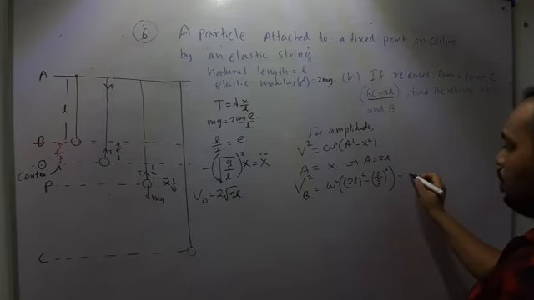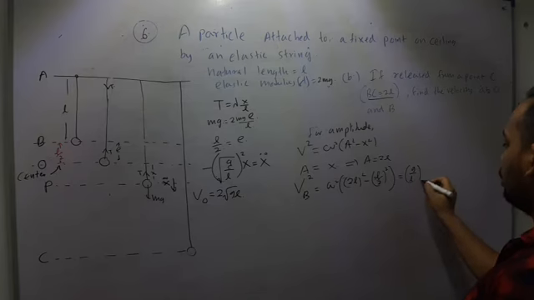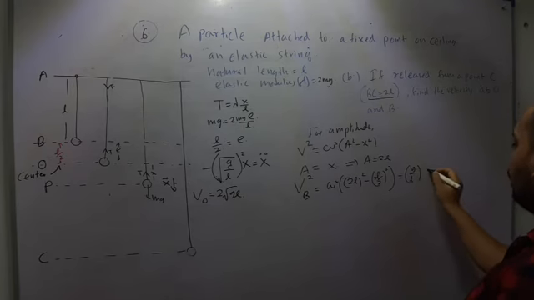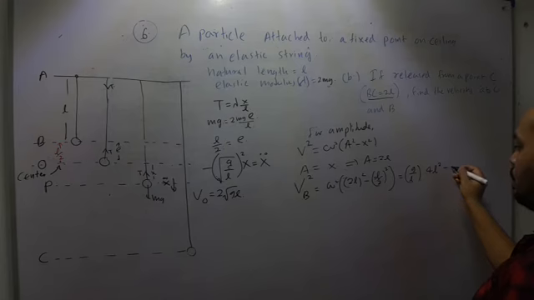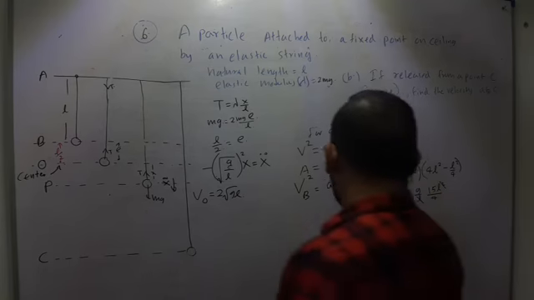Omega squared means G over L. Here you get 4L squared minus L squared over 4, so you get 15L squared over 4 times G over L. We can get rid of an L here.